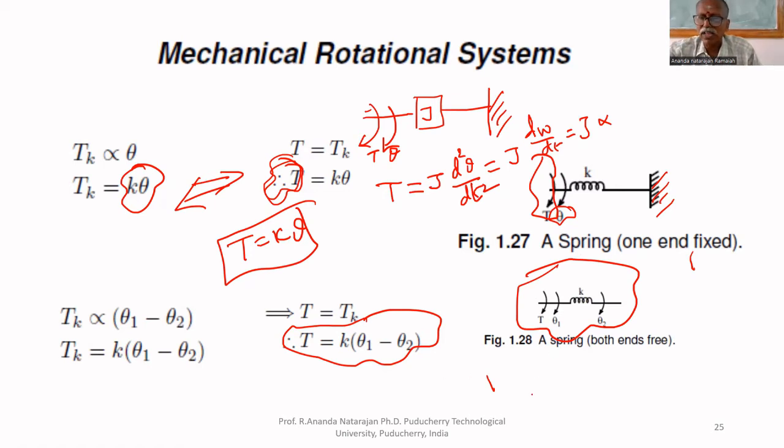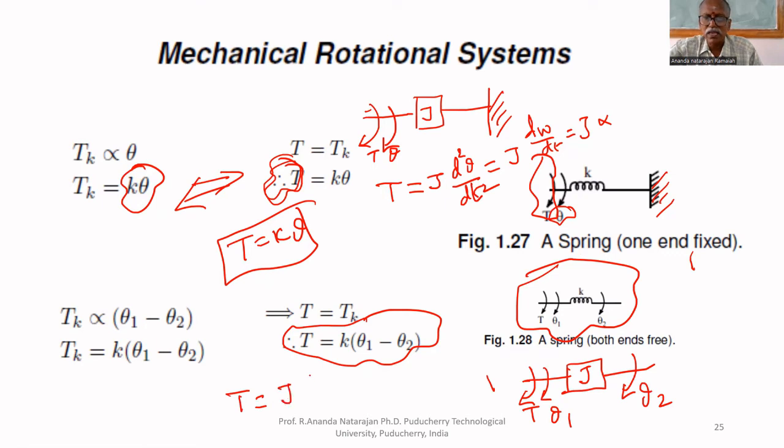If both ends are free, with inertia, this end we applied a torque T. This end has a displacement of theta 1. This end has a displacement of theta 2. In that case, the mathematical model is T equal to J(d²theta 1 by dt² minus d²theta 2 by dt²).